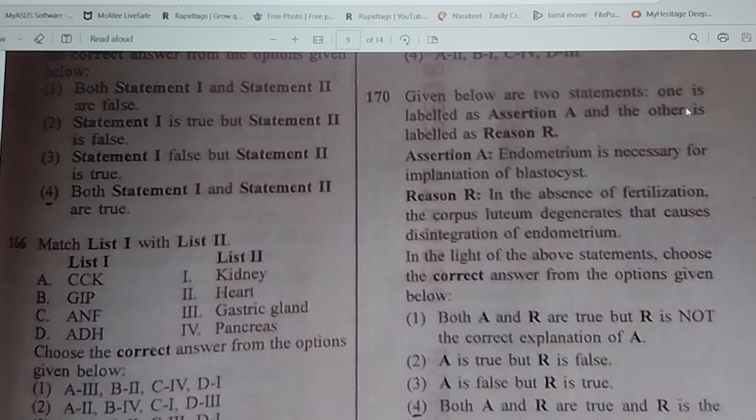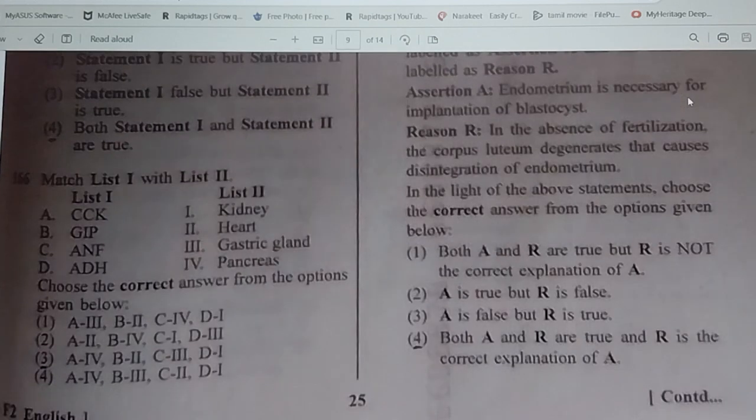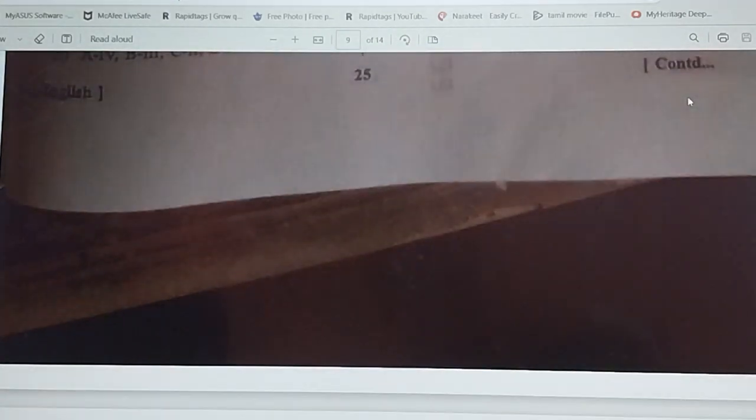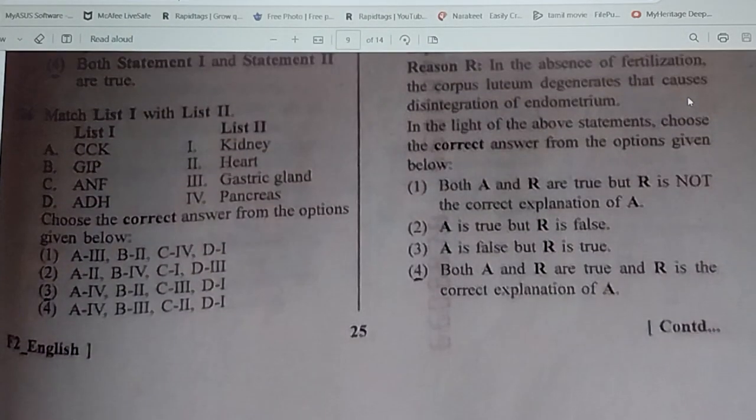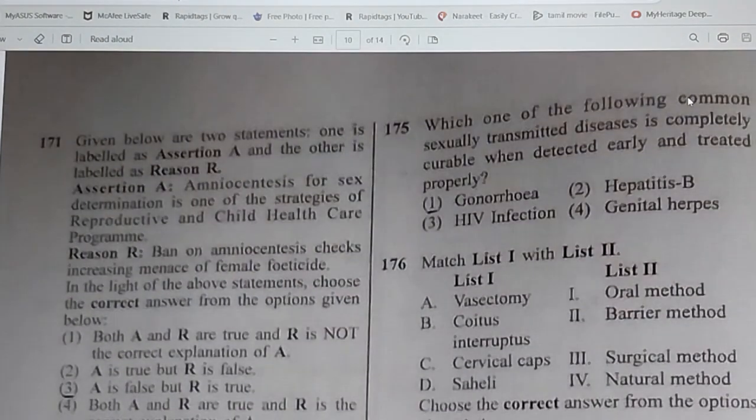So there is no relation with the fertilization. So answer is option A.